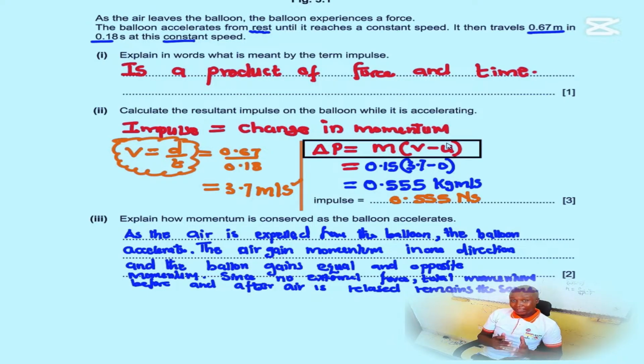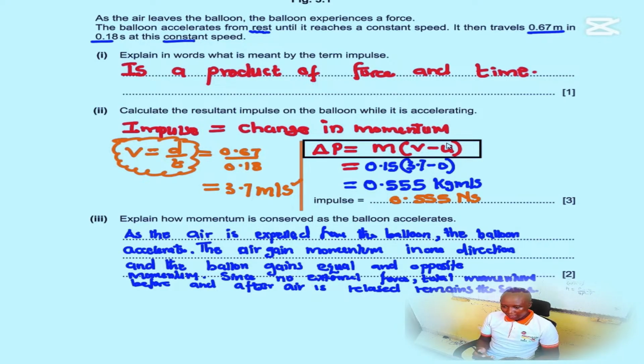Remember, it was at rest, so the initial velocity was 0. If we apply the formula, we get 0.555 kilogram meter per second. That is the unit for impulse, and impulse can also be given in newton seconds.